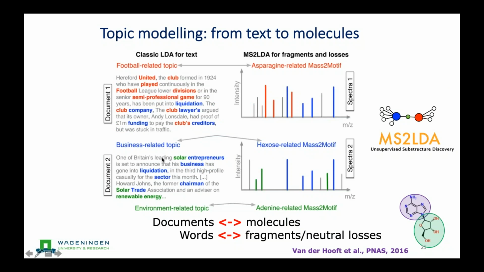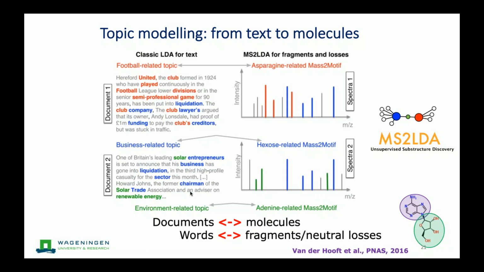Over here we have text documents, over here we have mass spectra. And on the left side, we can recognize that the LDA, latent Dirichlet allocation, algorithm finds words that often co-occur across various text documents. So all the red words here, they co-occur in more than one document. And over here, the blue words, exactly the same. And the green words, again, the same.